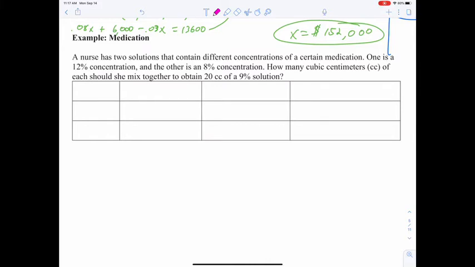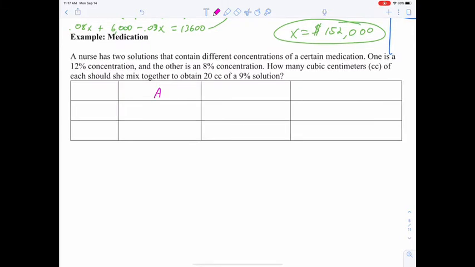We're going to use an equation similar to the one we did up above, but this one's going to be amount times concentration equals total. So this one's easy, ACT, total.